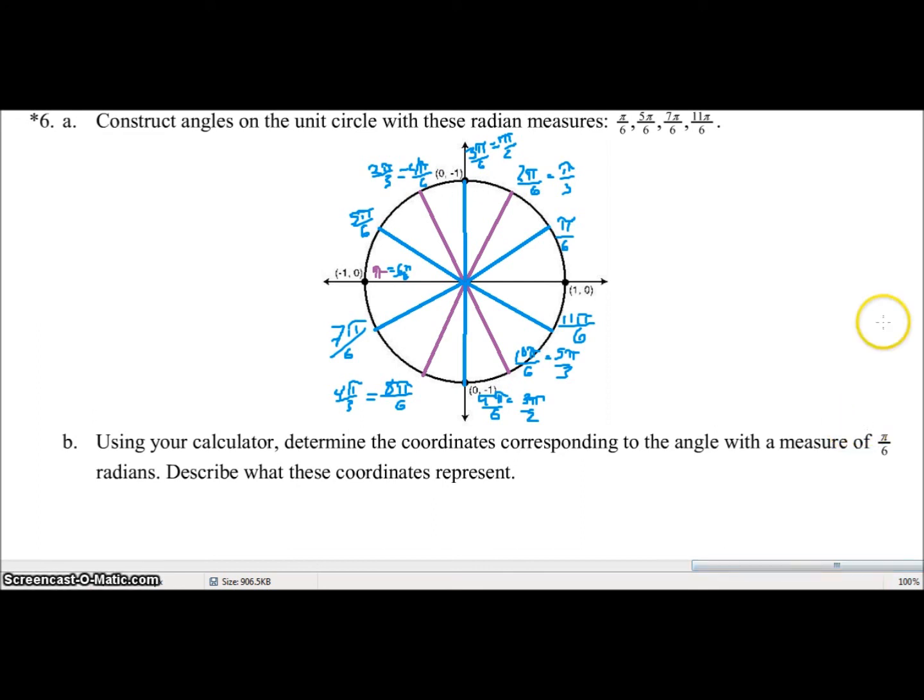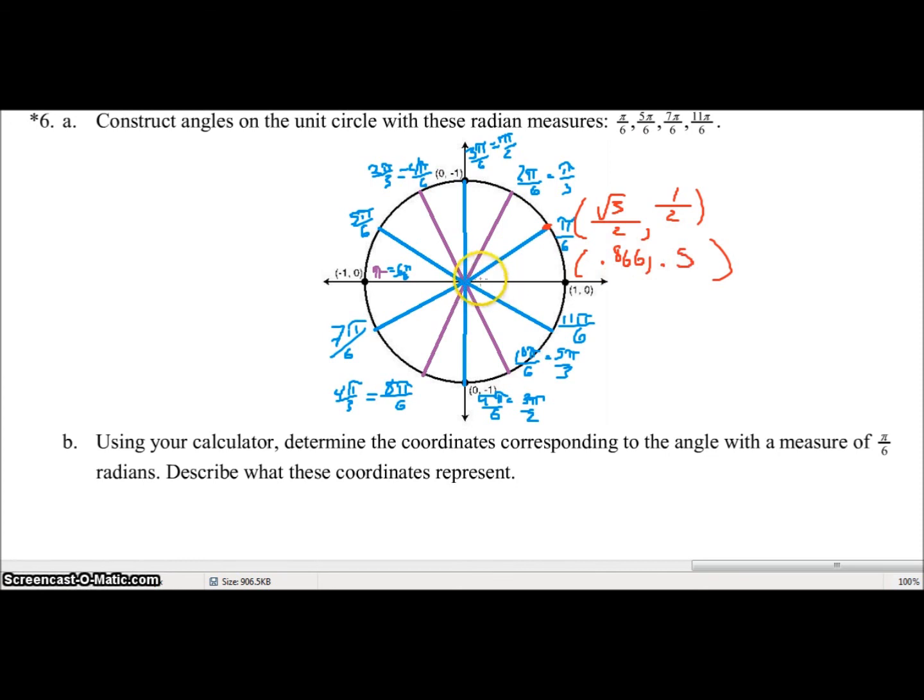Okay, so that is the first coordinate here, square root of 3 over 2, which is about 0.866, and then sine of pi over 6 is 1/2, 0.5.